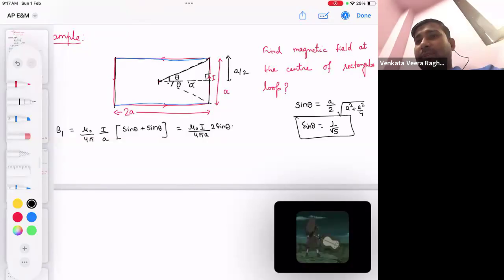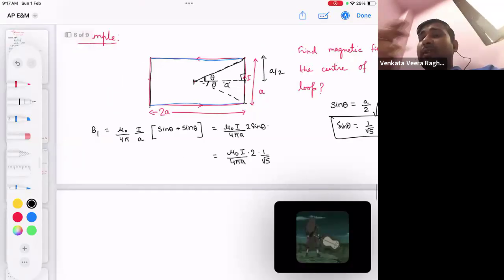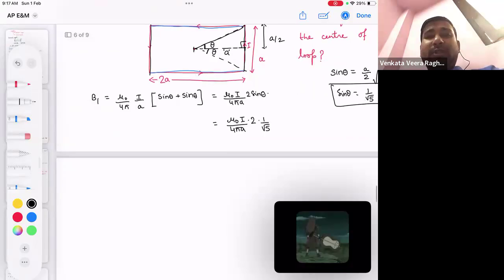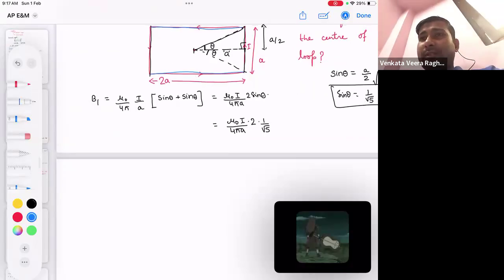So that means the sine theta value we will put: mu naught I by 4 pi a into 2, and in place of sine theta, we can write 1 by root 5. So this is the magnetic field due to the two straight sections that I have represented in black color. Same thing if I want to do for the blue color, what should I do?